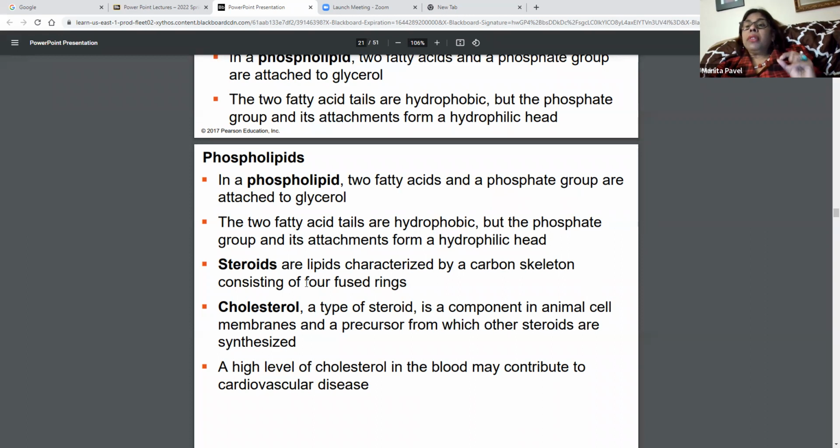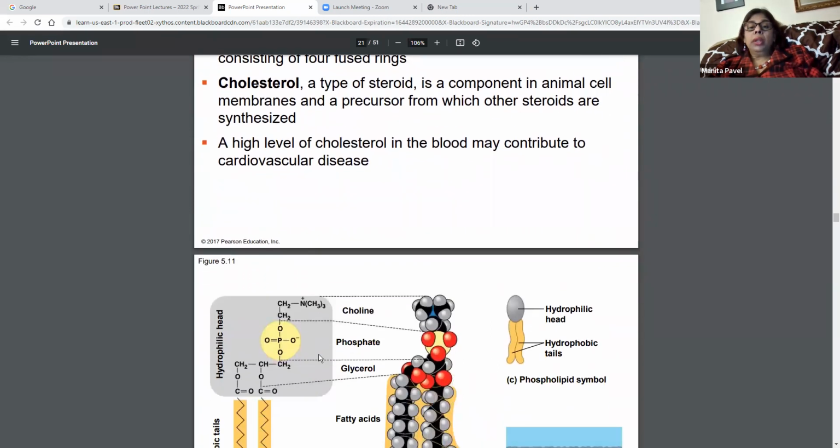A very good steroid that our cell membranes make is called cholesterol. Cholesterol is the steroid present within our cell membranes, and it is a precursor from which other steroids are synthesized. However, if the cholesterol in the blood increases, it can contribute to cardiovascular diseases.